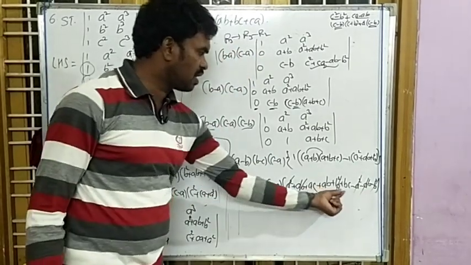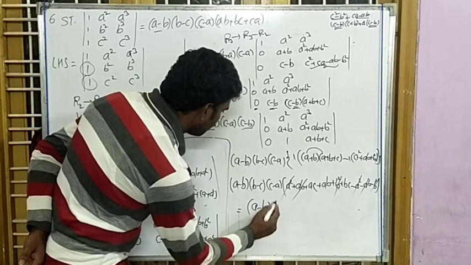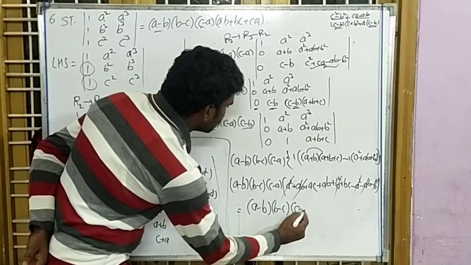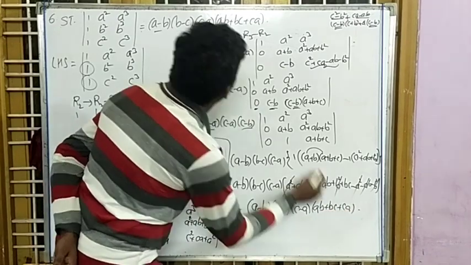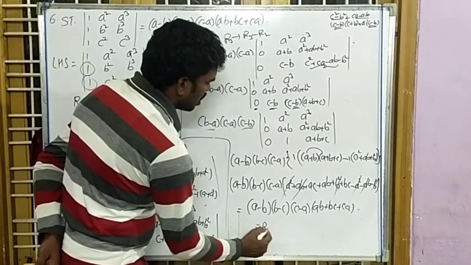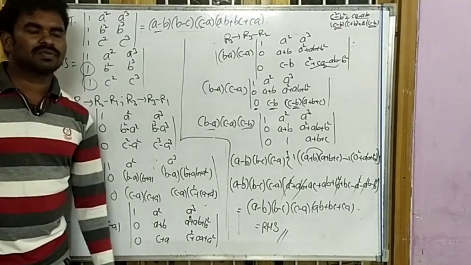What is the remaining? ab plus bc plus ca, sum. So which is equal to a minus b into b minus c into c minus a into ab plus bc plus ca. Got it? Answer is equal to RHS, hence proved. So this is the clear explanation.